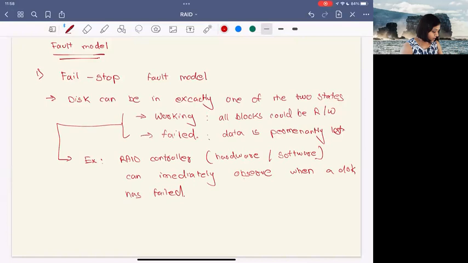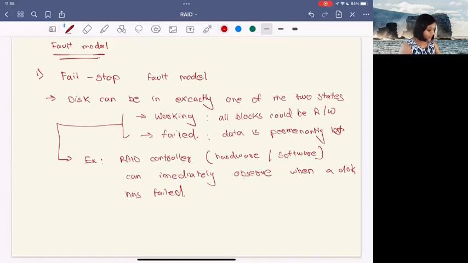There's no worry about silent failures such as disk corruption, where a disk could get eroded over time, or could catch some moisture, or could stop rotating or something like that. So where the disk is still working, but not working in a way we expect it to work. So we do not worry about those silent failures.